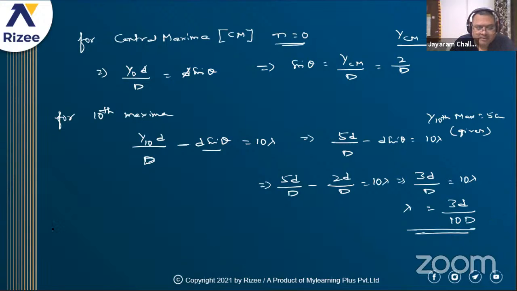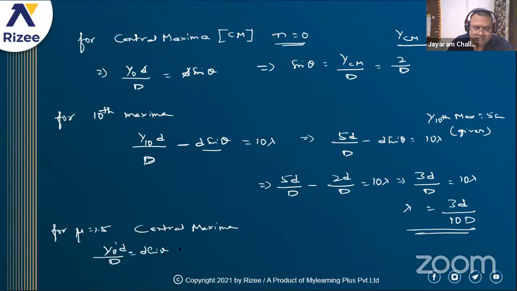Now, if I take mu equal to refractive index 1.5, for the central maximum, y naught dash into small d by capital D is equal to d sine theta, where y naught dash is equal to y naught, which is 2 centimeters.